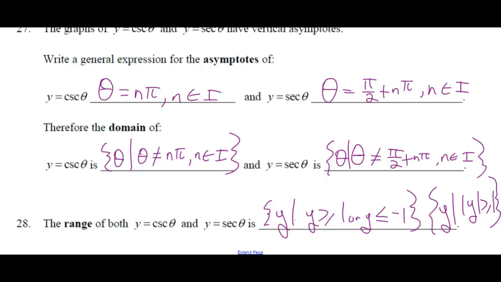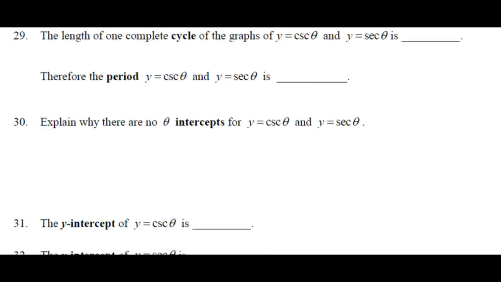What's next? 29. The length of one complete cycle. So how long does it take to do a complete cycle? What would define a complete cycle? You'd need full up, full down, right? 2 pi. You've got to cover all the values that can be covered.